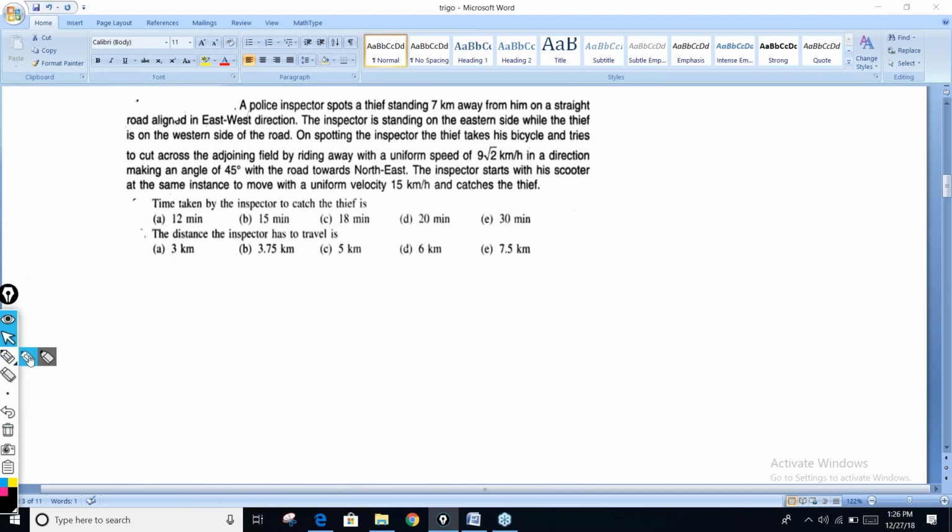Now, this question says a police inspector spots a thief standing 7 kilometers away from him on a straight road aligned in east-west direction. So there is a straight road in east-west direction. This inspector is standing on the eastern side. So here is the inspector and here is the thief.